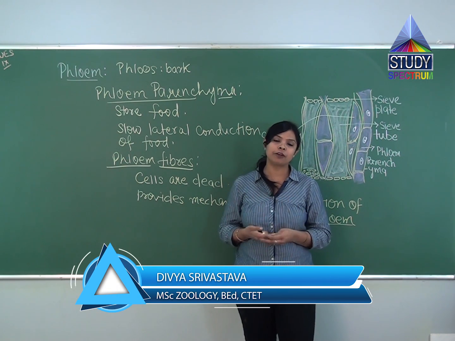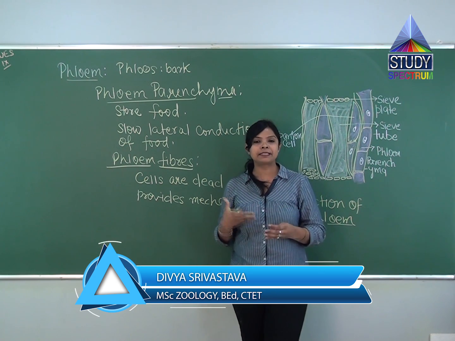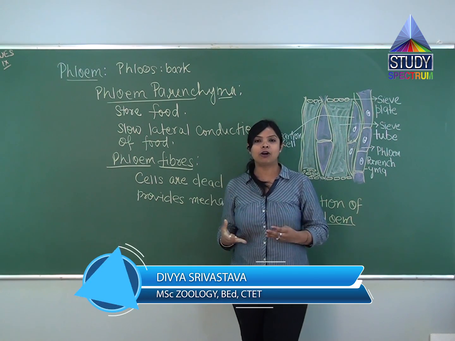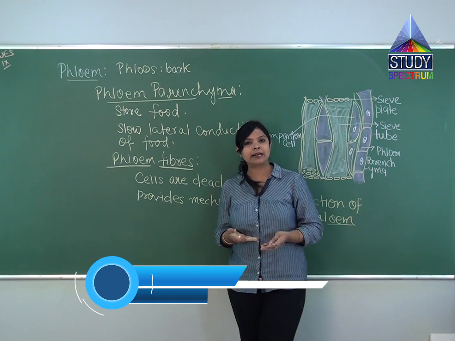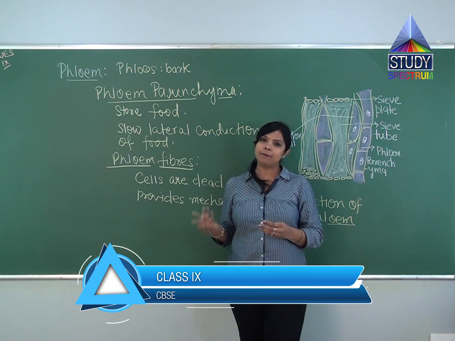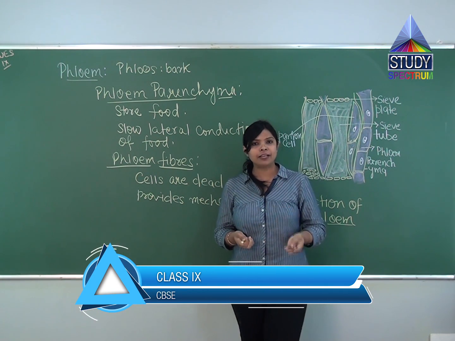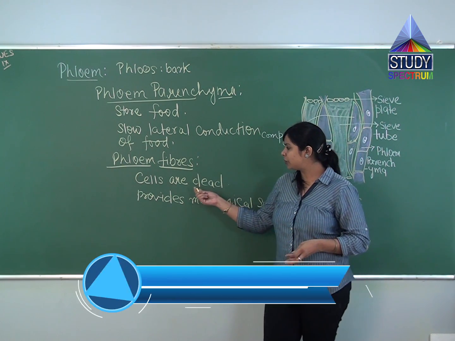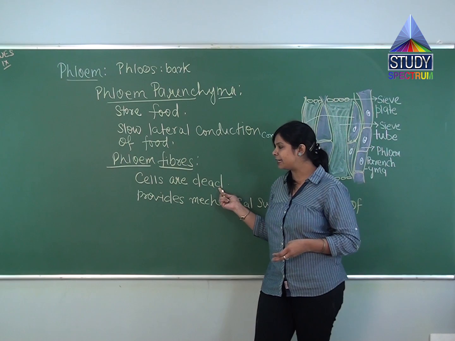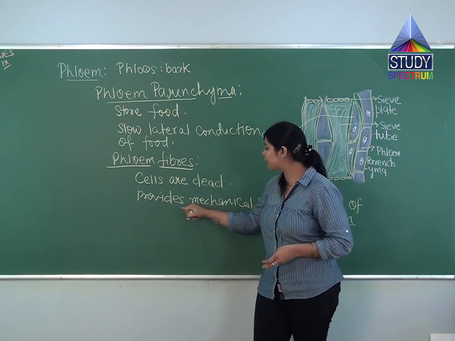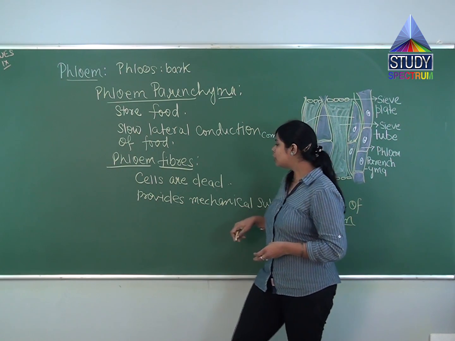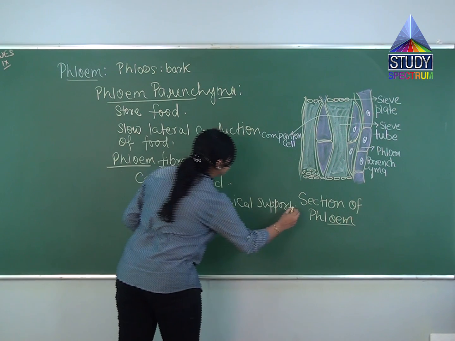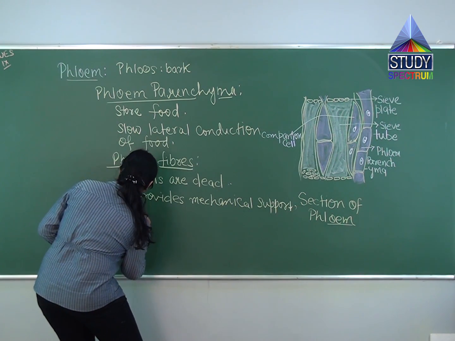Phloem parenchyma stores food and also helps in the slow lateral conduction of food to the plant. And phloem fibers are dead cells that provide mechanical support to the plant.